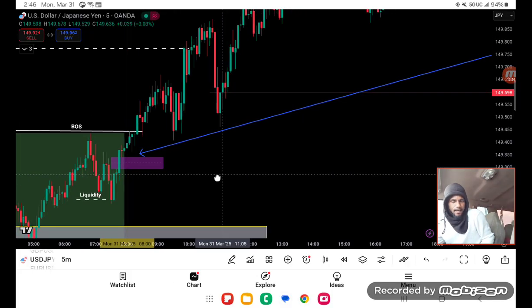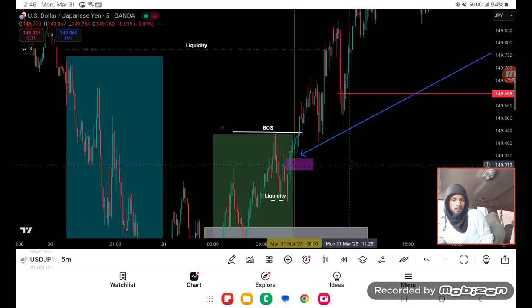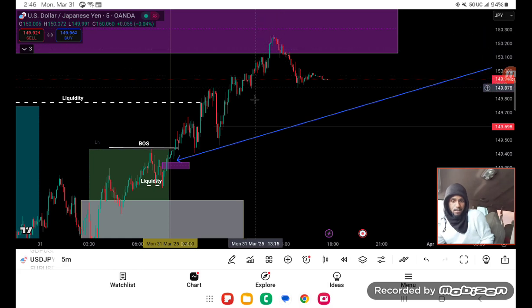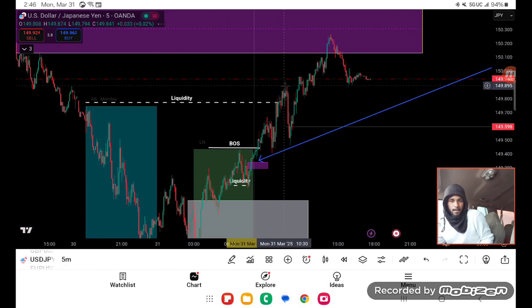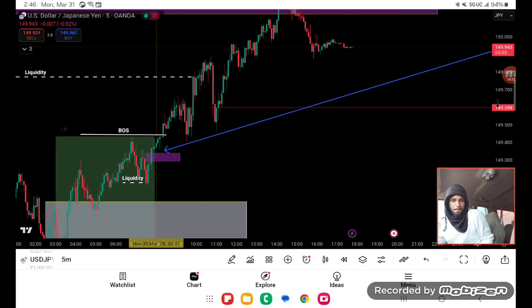However, it's Monday. I wasn't actually convinced that there was going to be a lot of momentum to take price all the way up to this 4-hour fair value gap in which I was anticipating price to go, right? So check this out.